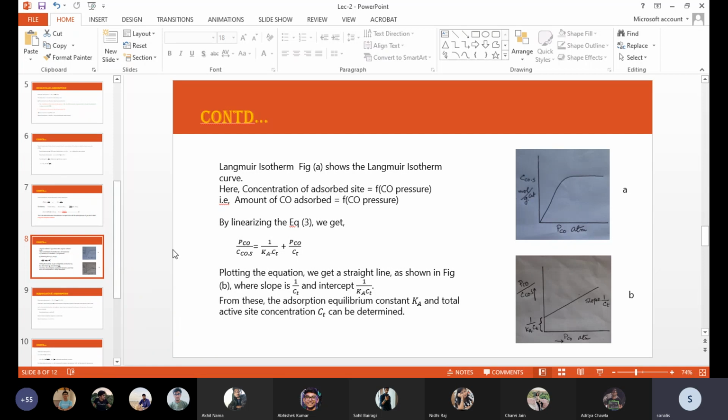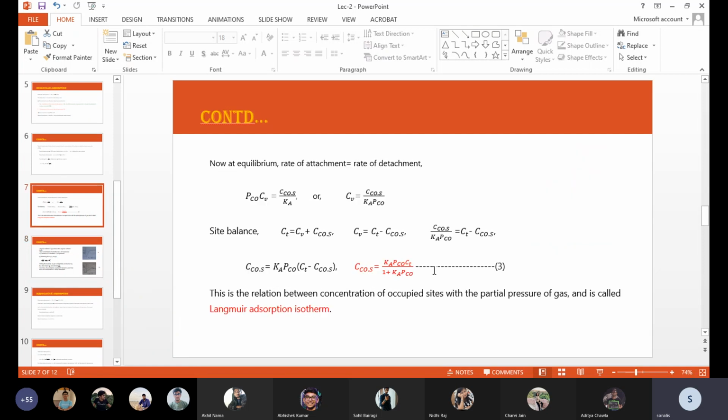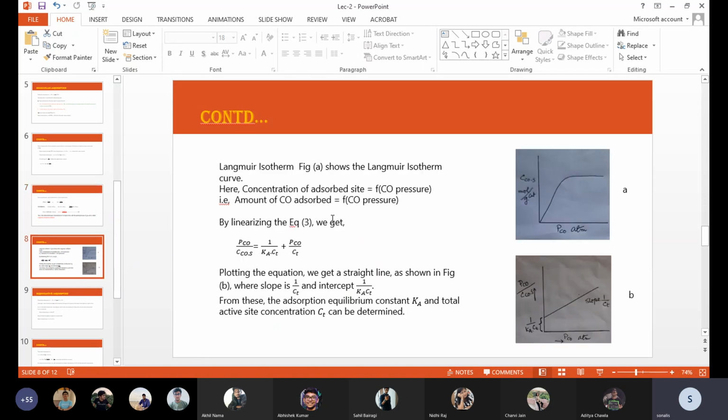After linearizing this equation, you will get this type of curve. When you linearize that equation, you will get PCO by CCOS is equal to 1 by Ka Ct plus PCO by Ct.